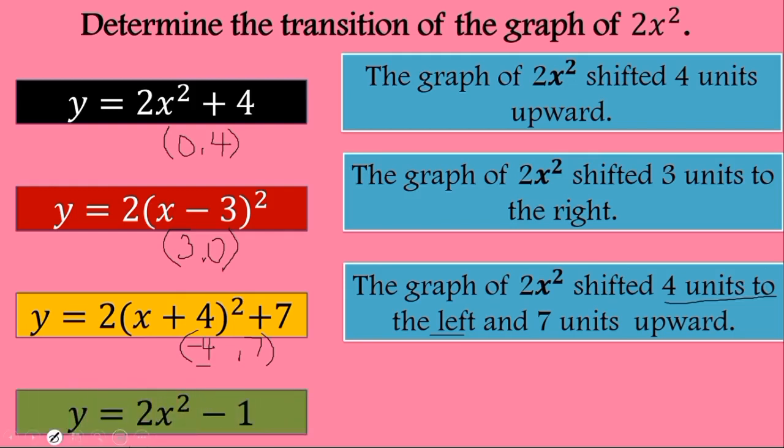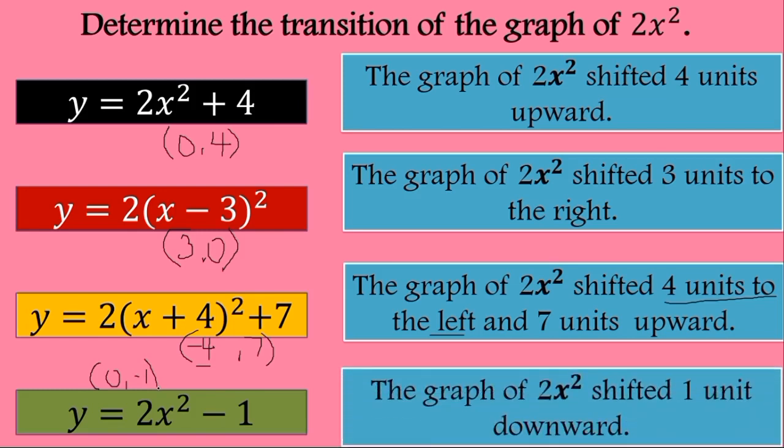And lastly, we have y equals 2x squared minus 1. The vertex or h, k is 0, negative 1. The graph of 2x squared shifted 1 unit downward.